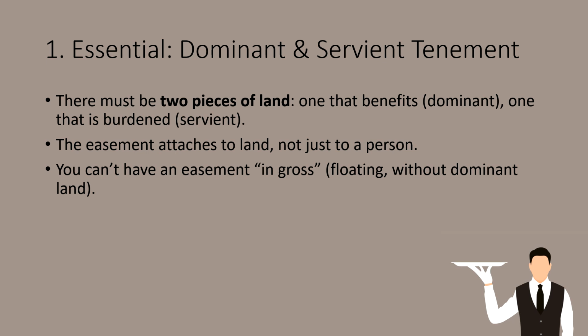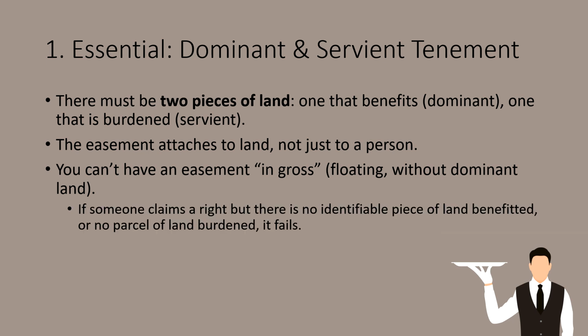The main idea here is that you can't have an easement in gross. That is the way the land law names it. In gross means that it's just a floating one without any actual dominant land that is benefiting from it.